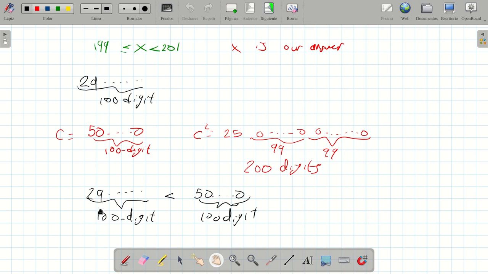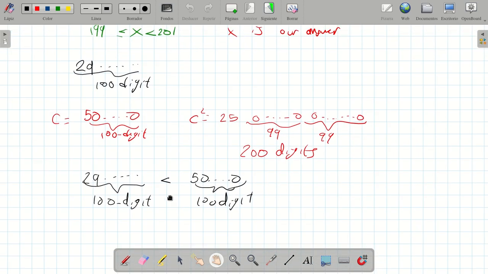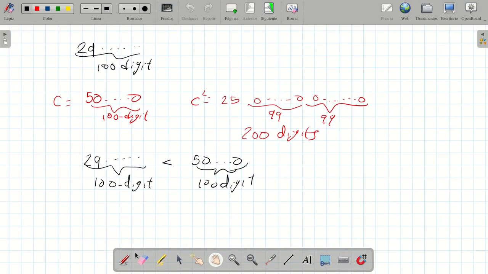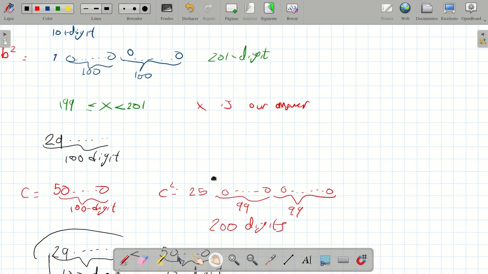So this number is less, and we know that it would have 199 digits. So the only way that can happen is that if we square our number, it will have 199 digits. So we solved this problem.